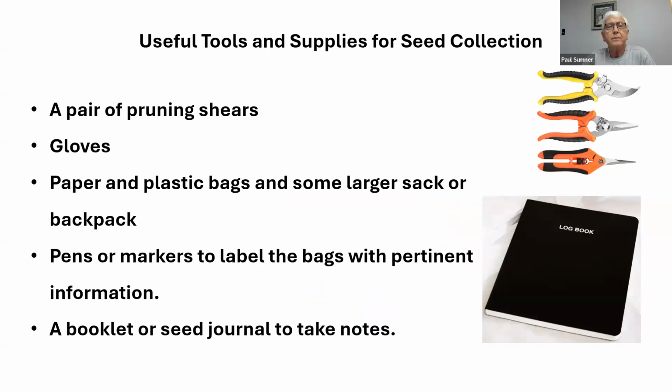Useful tools and supplies for seed collection. A pair of shears. Shears can be used to cut off seed heads and make it easier to harvest multiple seed heads on plants. Gloves will help avoid getting stuck by spines that may come on plants and seed.